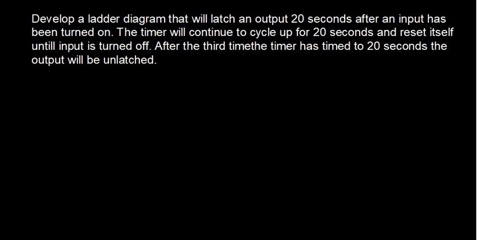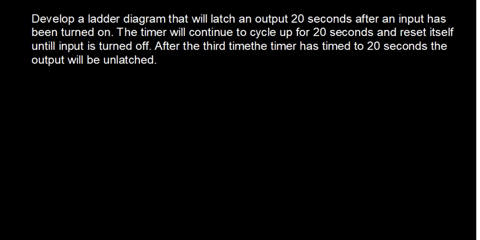The next part of the statement is: the timer will continue to cycle up for 20 seconds and reset itself until the input is turned off. After the third time, please see this statement carefully.